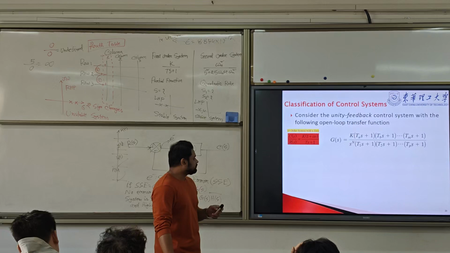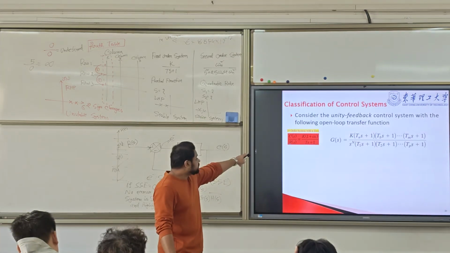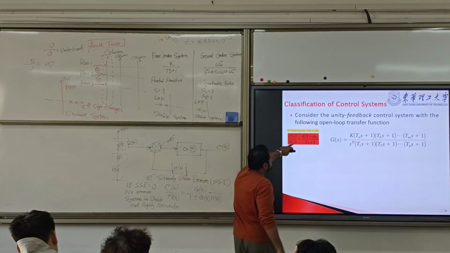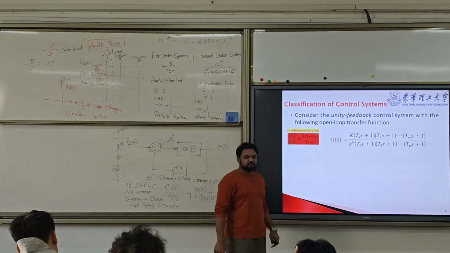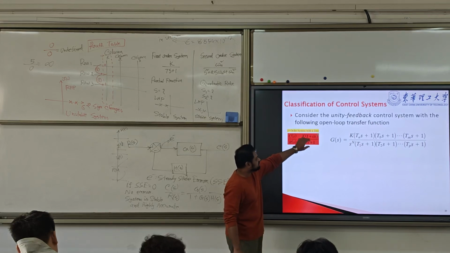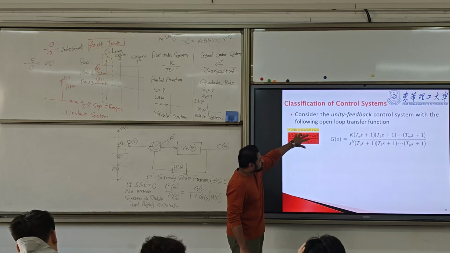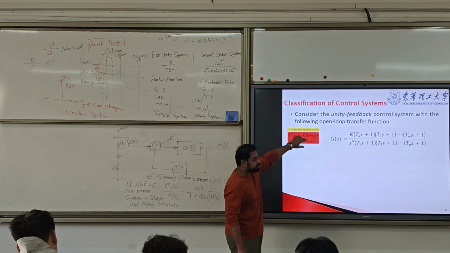Now we need to look at the first order system. We know that with zeros we can write it as K by 1 plus alpha s, over Ts plus 1. This is our first order transfer function. In the numerator we have zeros and in the denominator we have poles.